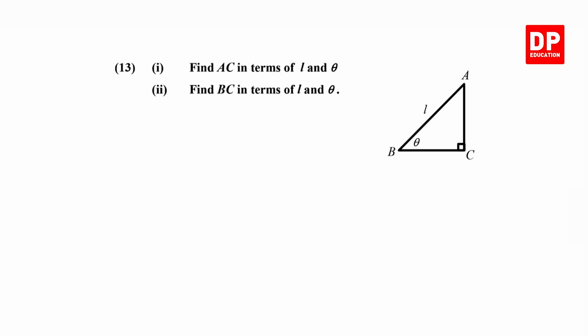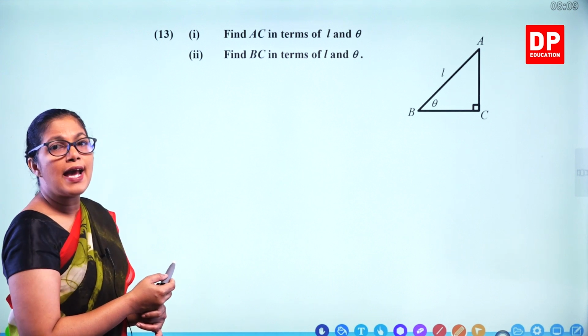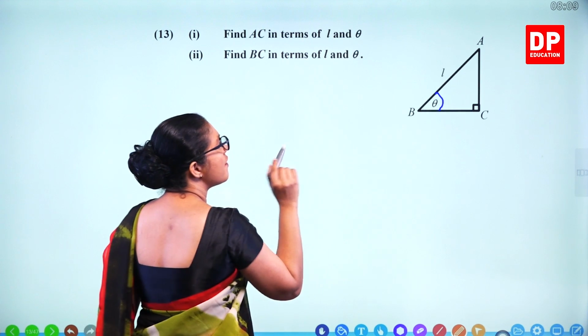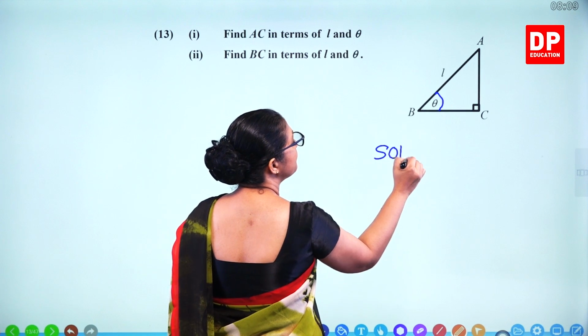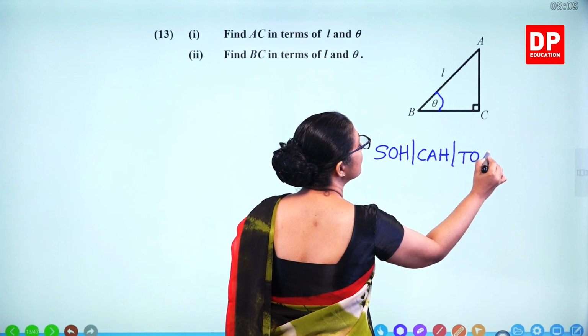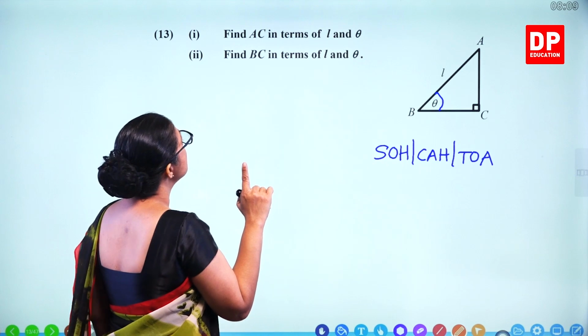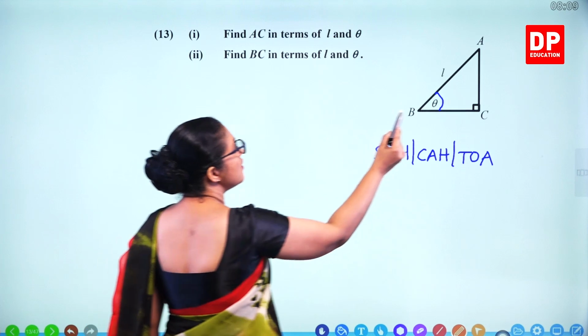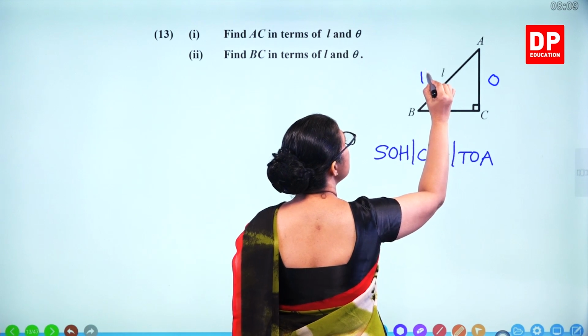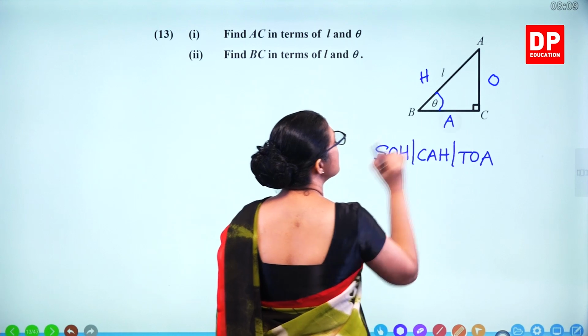Question number 13. Find AC in terms of L and theta. This is a right angle triangle. So you can use trigonometric ratios. So SOHCAHTOA. What is AC? To this angle, this is opposite, and this is hypotenuse, and this is adjacent.